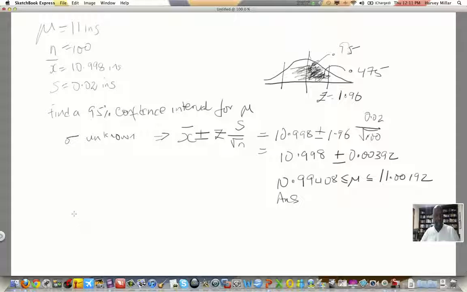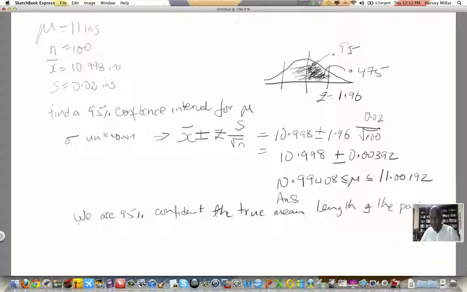So we could write a statement that says we are 95% confident the true mean length of the paper lies between 10.99408 and 11.00192 inches.